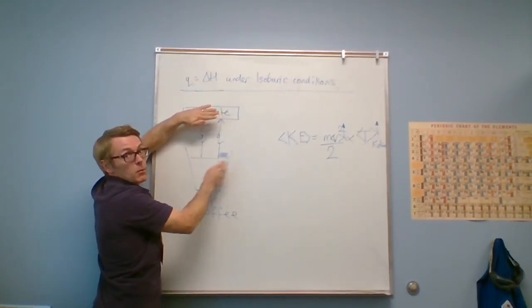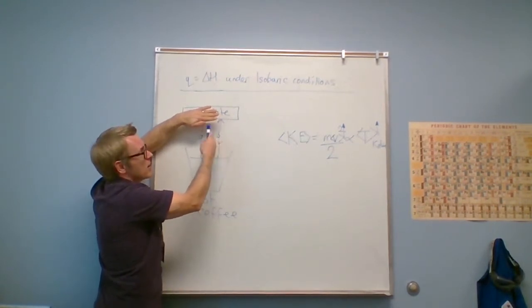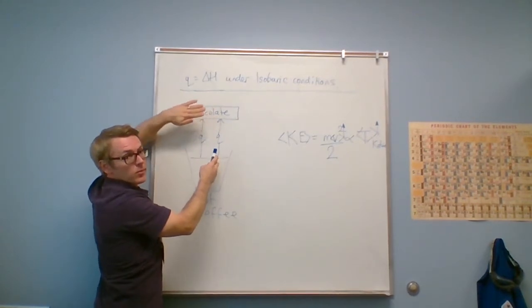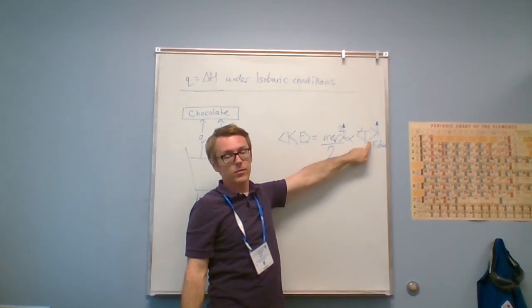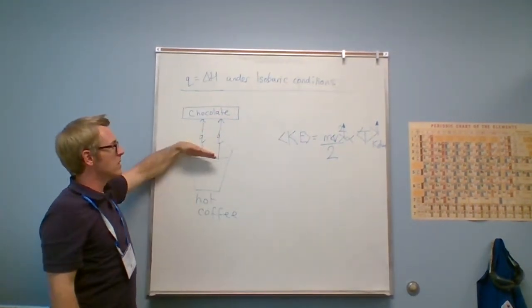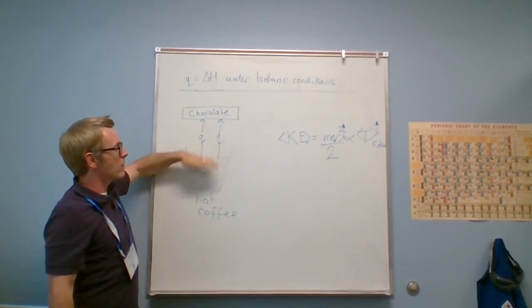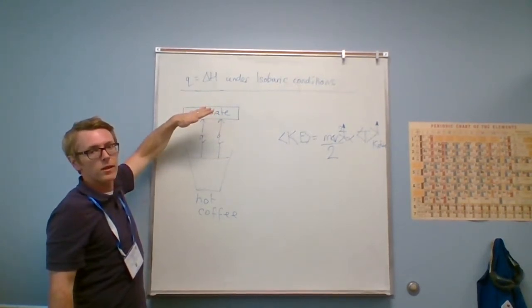My quickly moving marker is going to strike my slowly moving hand, and some of it is going to make my hand move. Well, now I'm increasing the temperature of the chocolate. So it's mechanical. Heat doesn't flow. There's a mechanical exchange of energy. The fast-moving coffee causes the chocolate to speed up by hitting it.